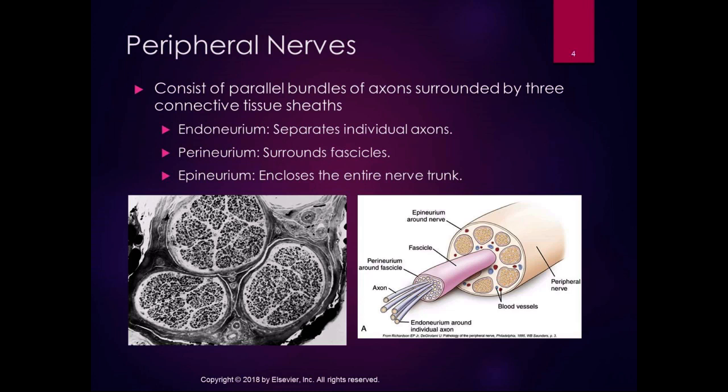When you look at pictures in the book and pictures in other sources that are stained like this, the myelin is the dark part, and we will see more pictures like this. Just very similar to the muscle terminology, the individual axon is surrounded by endoneurium, the fascicles, bundles of axons, are surrounded by perineurium, and the entire nerve trunk is surrounded by epineurium.